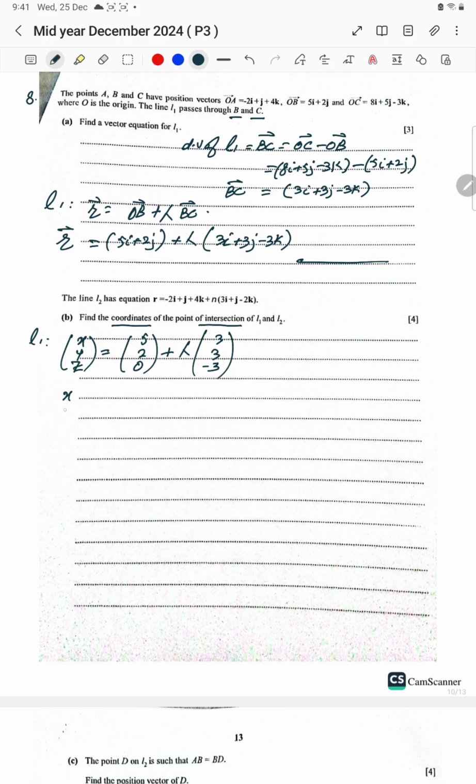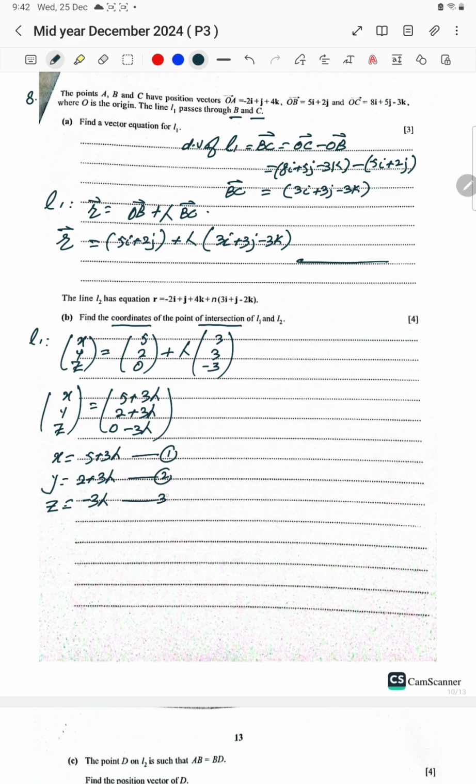So x, y and z are 5 plus 3 lambda, 2 plus 3 lambda, and 0 minus 3 lambda. The x coordinate is 5 plus 3 lambda, y is 2 plus 3 lambda, and z is minus 3 lambda. These are equations 1, 2 and 3.